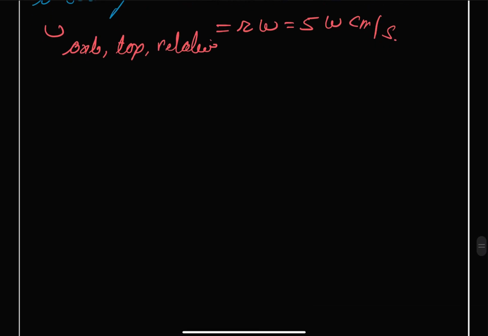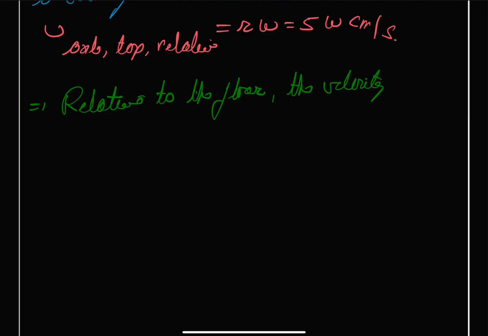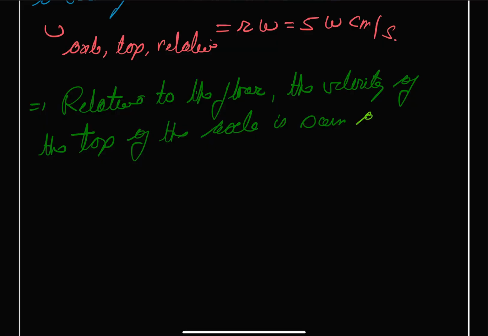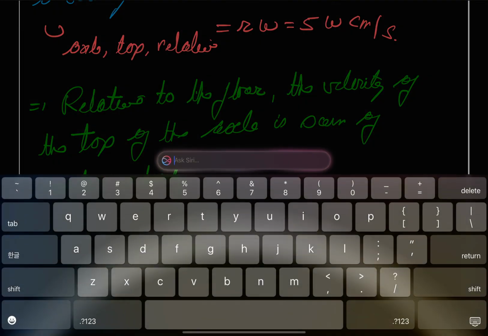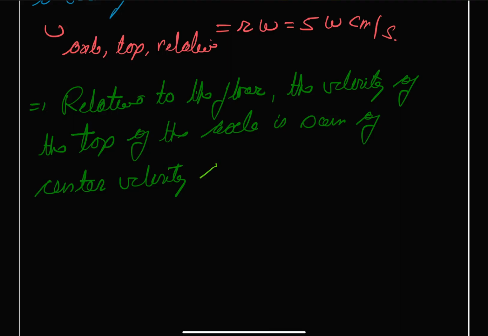Now we come to the velocity relative to the floor. Relative to the floor, the velocity of the top of the axle is the sum of the center's velocity and the tangential velocity due to rotation.